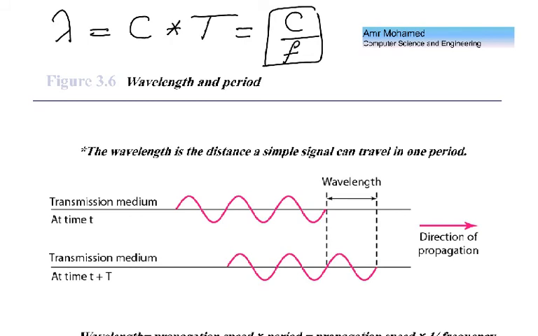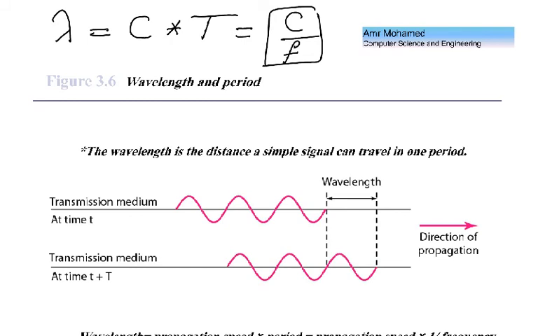So that's the difference between frequency and wavelength. Wavelength is a distance. It's not a frequency, it's not a time, it's a distance: the distance that the signal travels for a duration of time equal to the cycle of the signal. Okay? What is the unit of the wavelength? Meter.